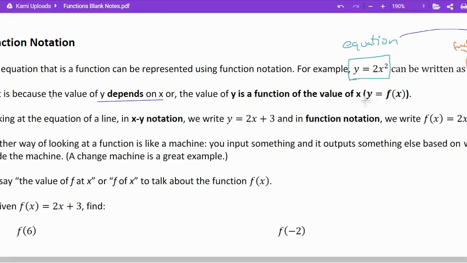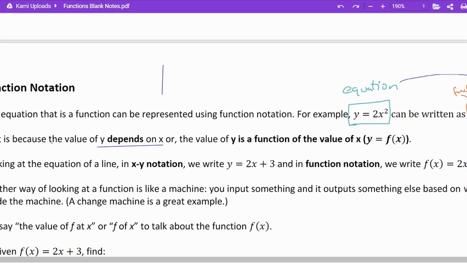So the value of y, whatever number we get for y, is a function of x. Let's go back to the function machine. Remember we had the machine that gave us a certain number of steps and we said, what's the rule?